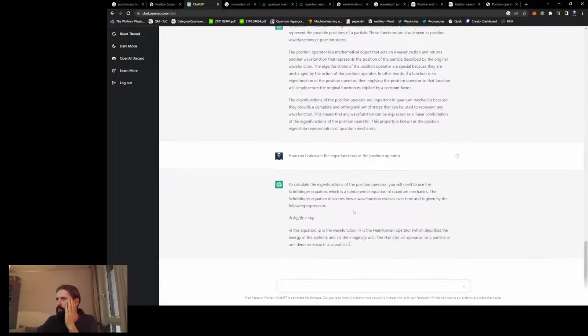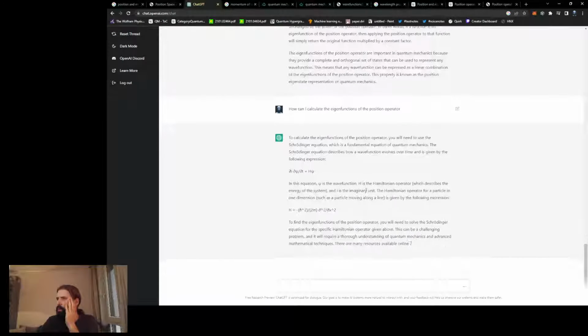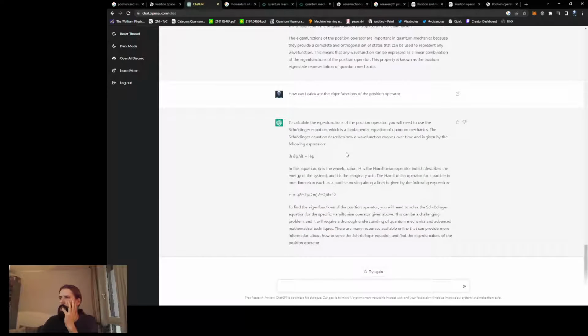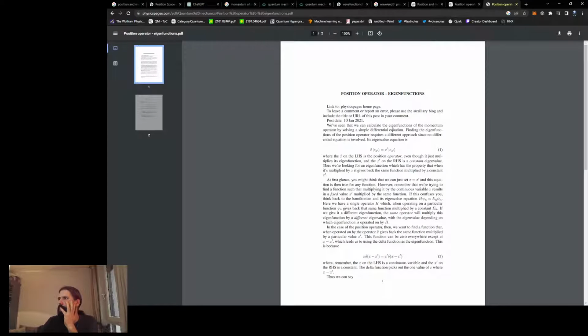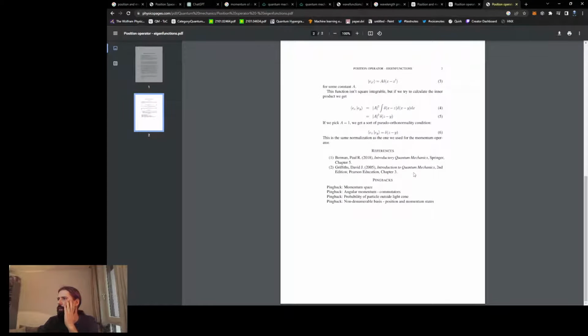You will need to use the Schrödinger equation, which is the fundamental equation. Ah, do I? Oh, okay, yeah. So position operator eigenfunctions, maybe that's what I need to understand next.